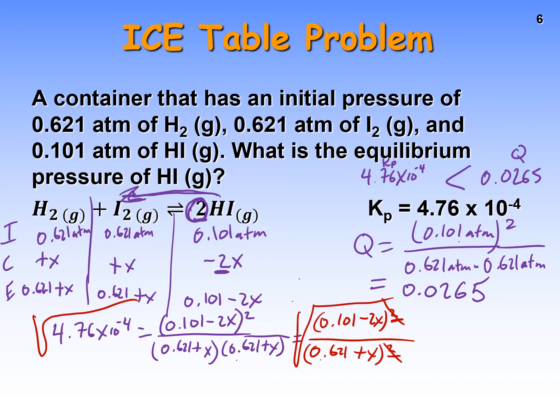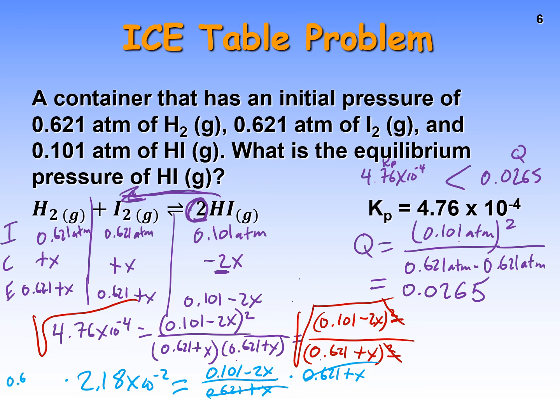This will give me a value of 2.18 times 10 to the negative 2 is equal to 0.101 minus 2x over 0.621 plus x. Now I can multiply both sides by 0.621 plus x. This is no longer quadratic, by the way.